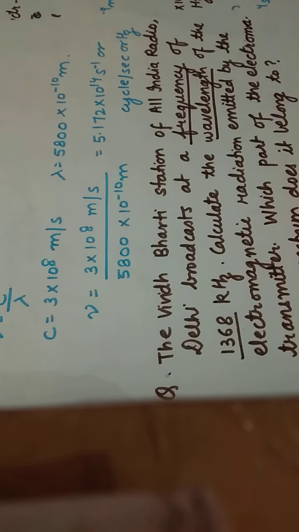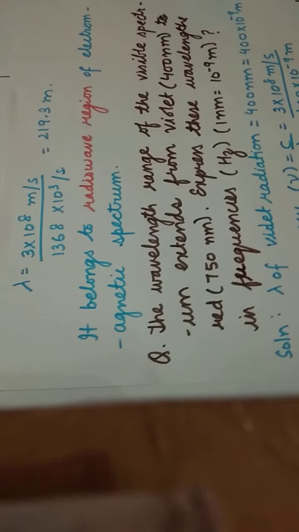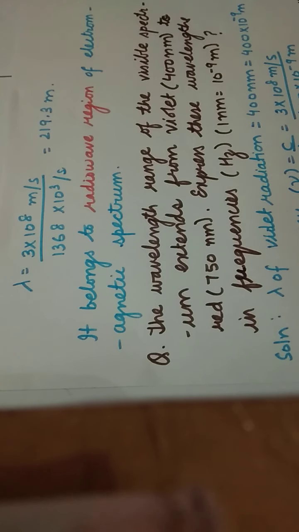So simple है, आपको बस देखते पता चल गया. Radio, All India Radio it is written. So it is somewhat corresponding to the radio waves, children. So it is belonging to the radio wave region of electromagnetic spectrum.